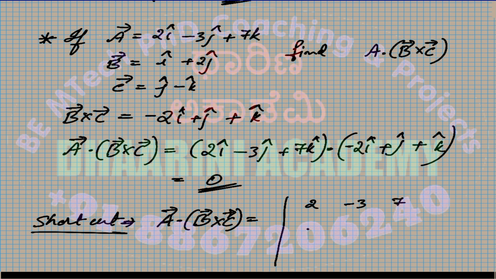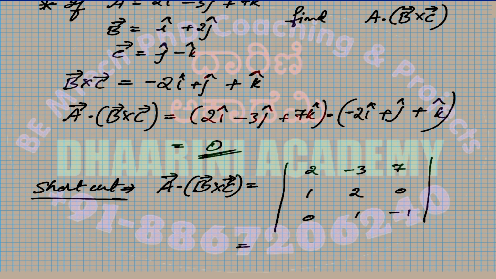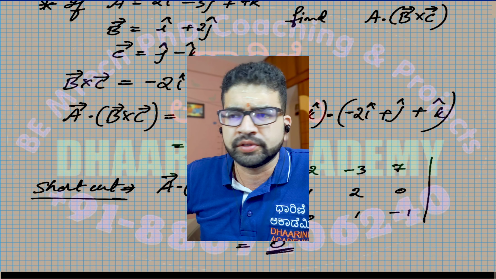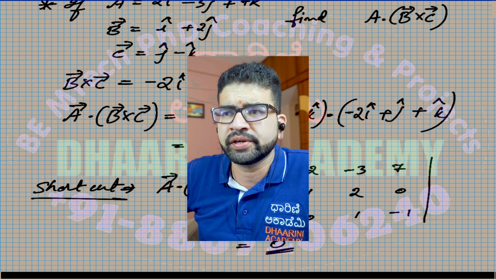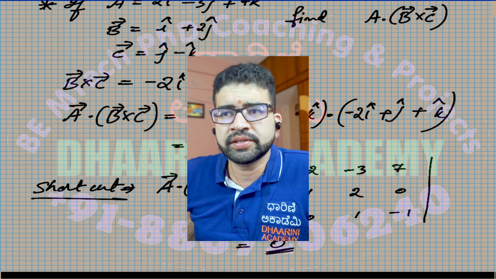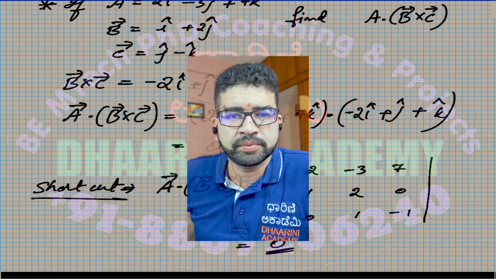Then write B and C as they are. In the second row B comes: 1 2 0. In the last row C comes: 0 1 minus 1. Now we just check what happens. 0. So whenever somebody asks you to find A dot B cross C, you can simply follow this method to get the answer in the quickest fashion. Okay, so this actually finishes the concept related to vectors.